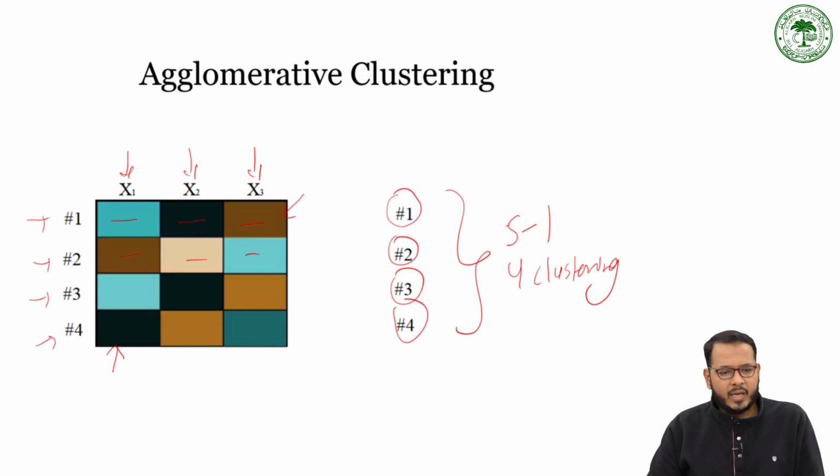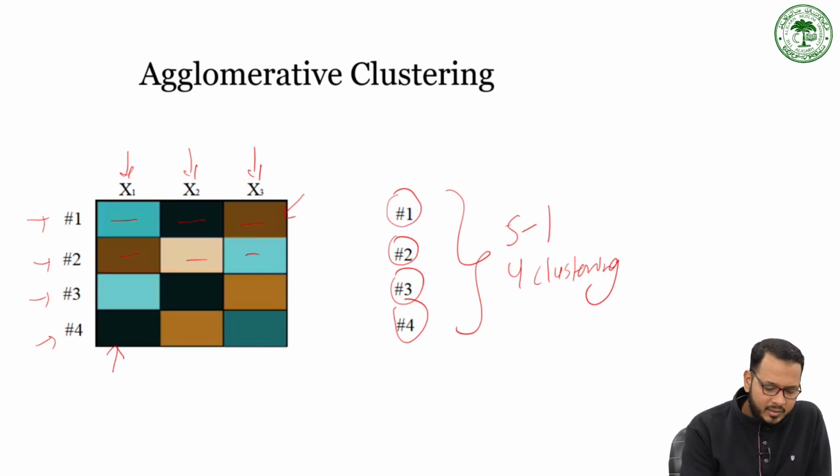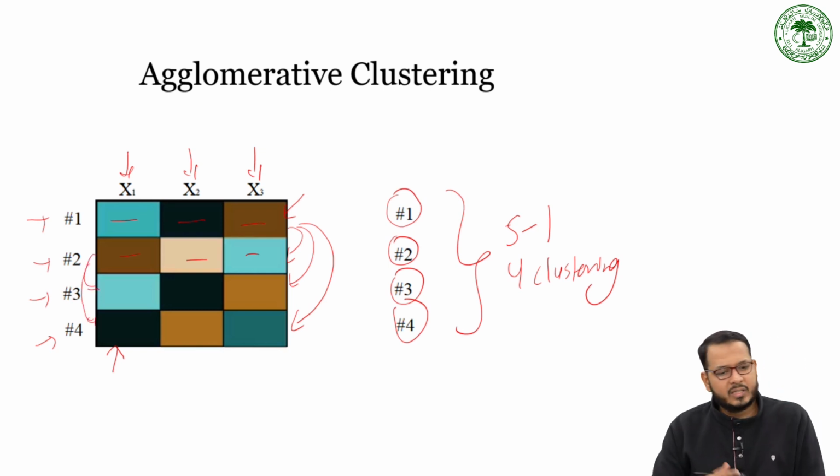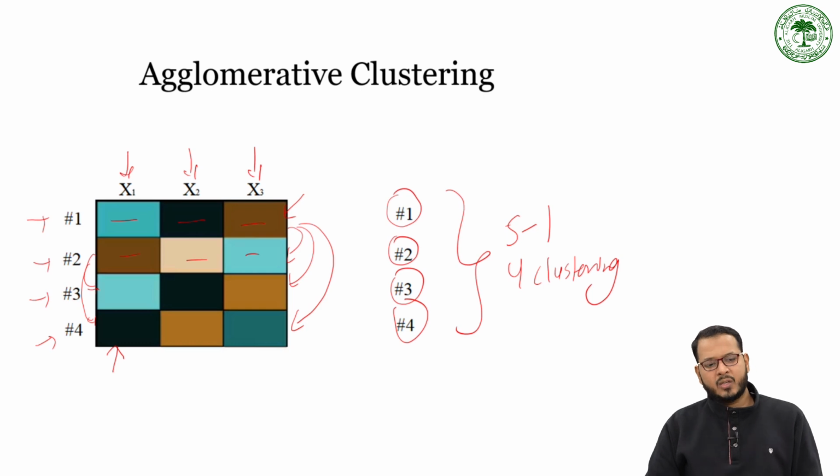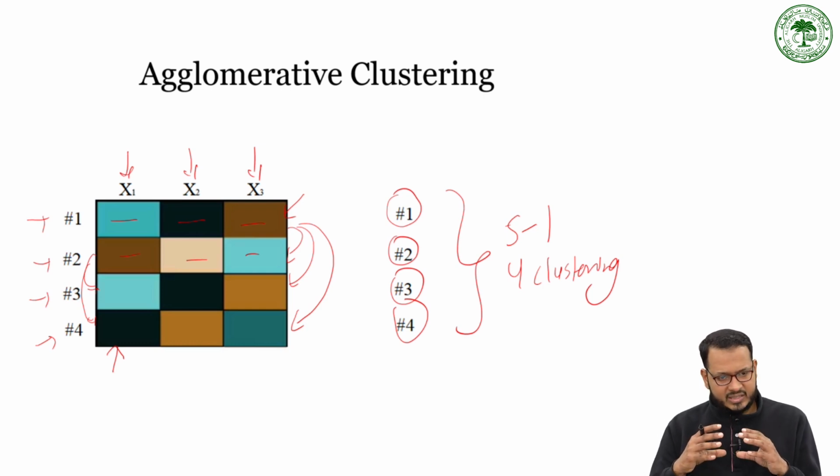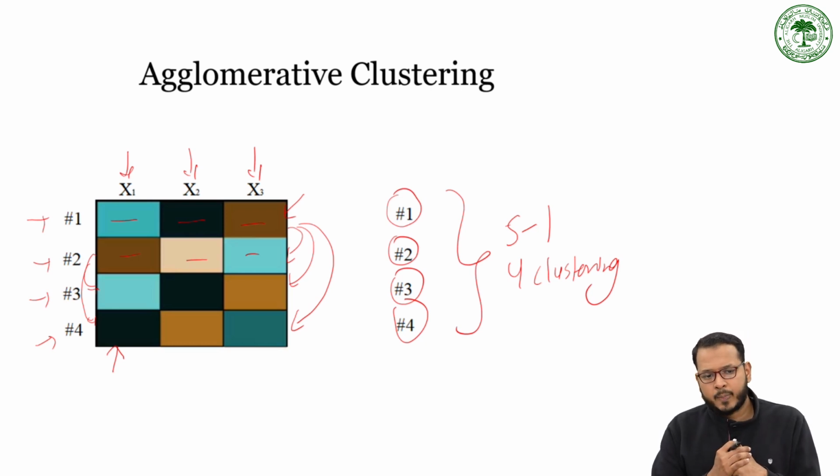So we have to check whether 1 is closer to 2, 3 or 4, or 2 is closer to 3 or 4, or 3 is closer to 4. Whichever pair seems to be the closest to one another will be combined to form a cluster.